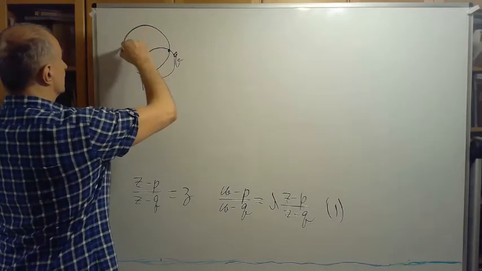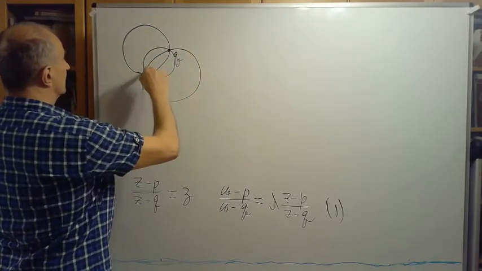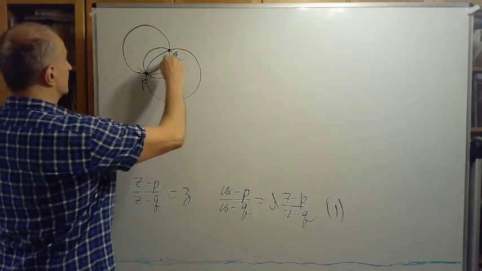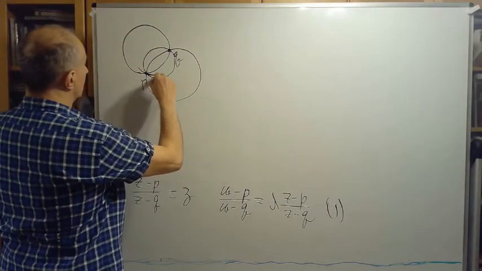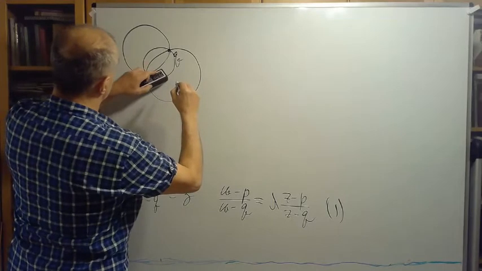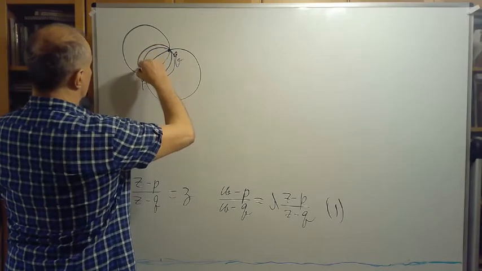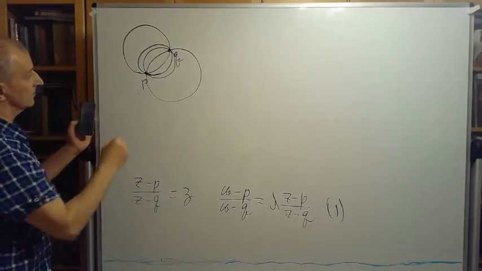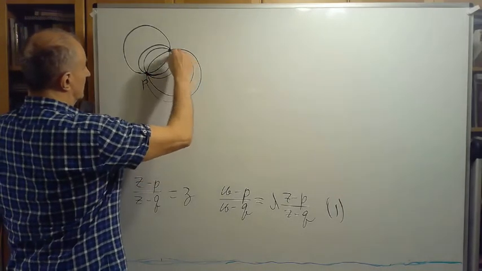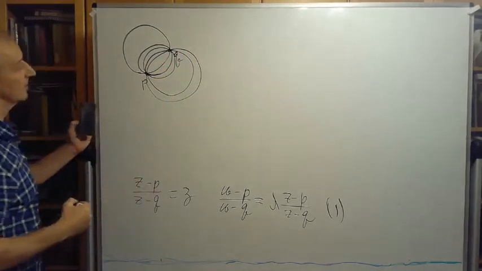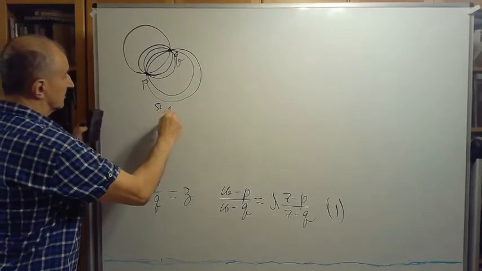That pass through these points. And so on. Yes, we may have more. This circle. And so on. Right? And these are Steiner circles of the first kind.